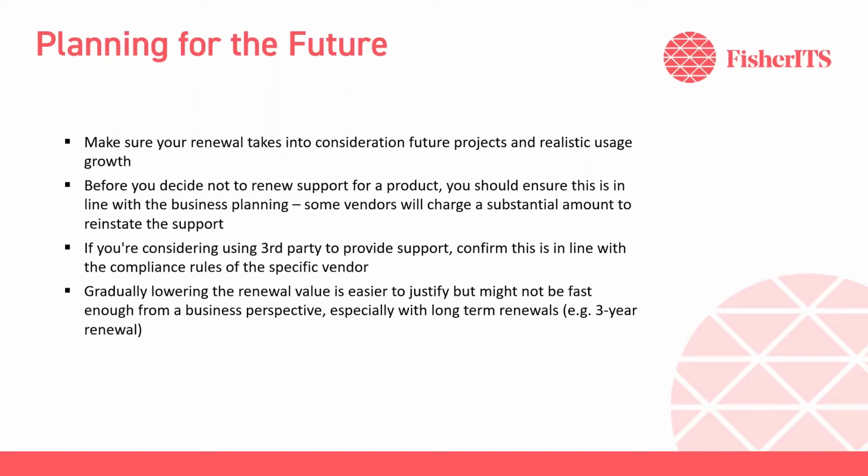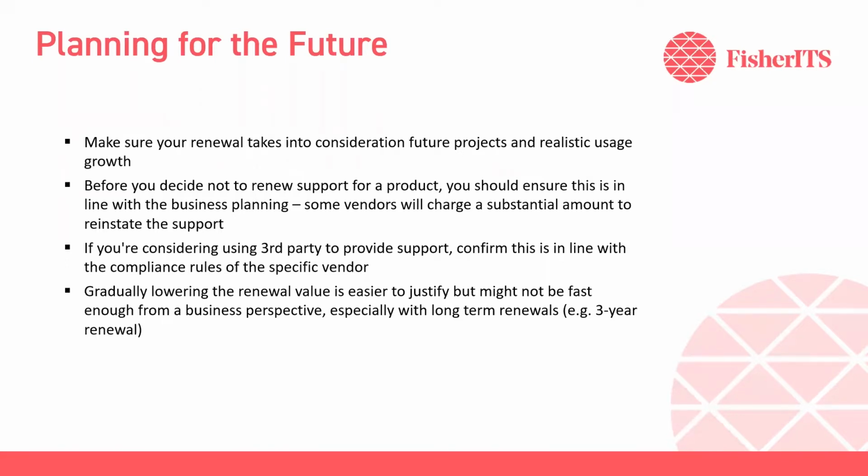If you want to lower the renewal value, generally speaking, gradually lowering the renewal value is easier to justify to the vendor. But thinking about how some of the renewals that you'll be doing will be long term, it might not be fast enough from the business perspective.